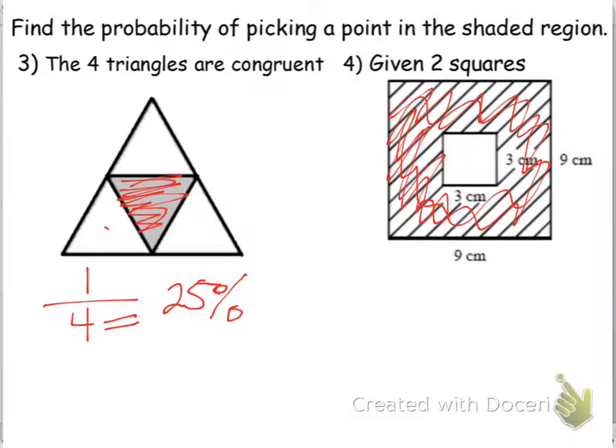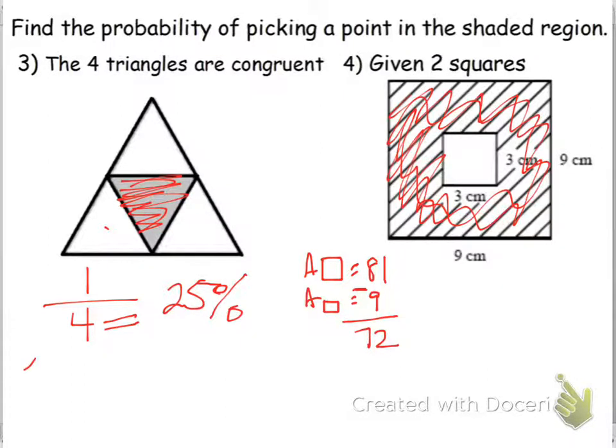Well, actually, same lesson today. It was 11.3, I think. But if I just want the area of that part, I would need to take the area of the big square, which would be 9 times 9 would be 81. The area of the small square would be 9. And so if I just want the shaded part, I would subtract those. And so the area of the shaded part would be 72.